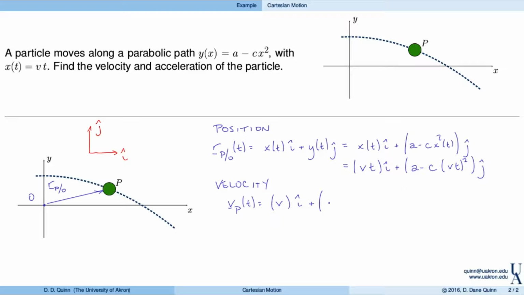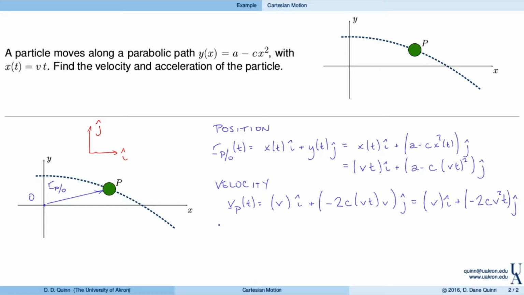And then in the j direction, we'll make use of the chain rule and write this as minus 2c times vt, and then the derivative of what's inside with respect to t, that's another v in the j direction. So we can combine this a little bit and write the velocity as v in the i direction, and then in the j direction minus 2c v squared times t.